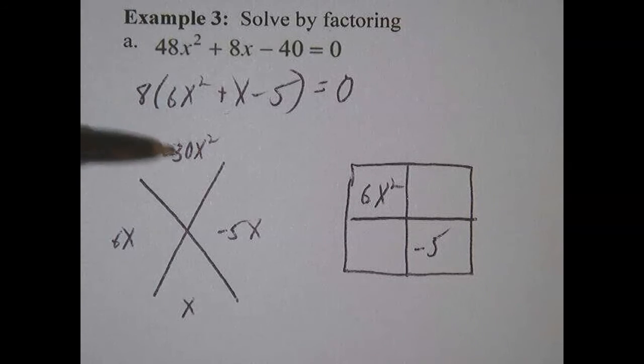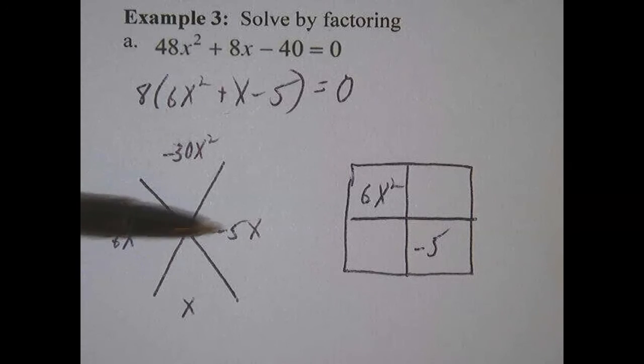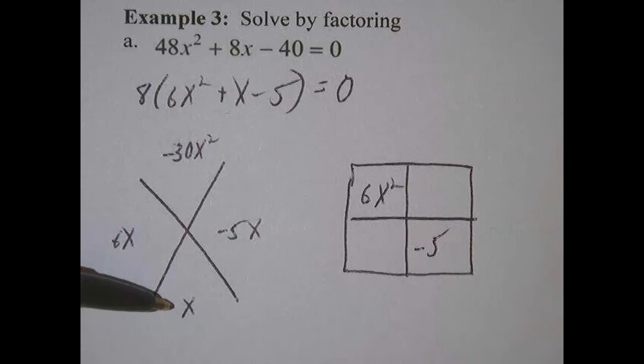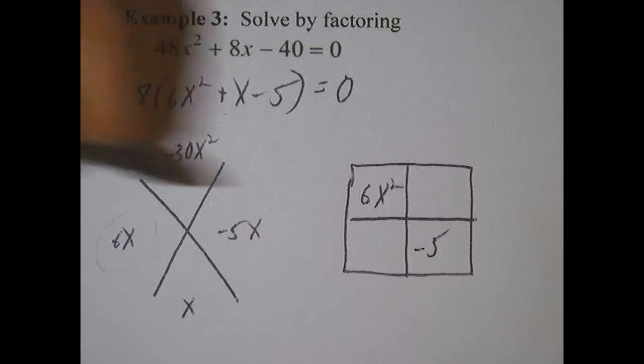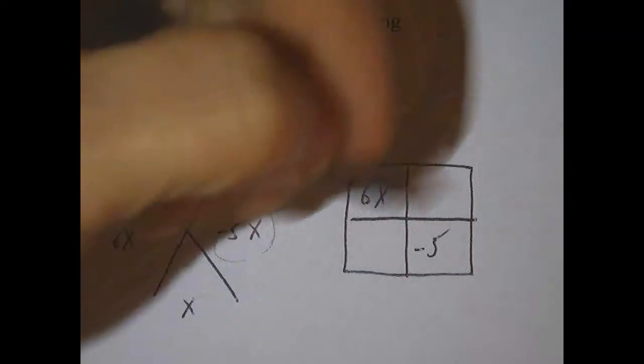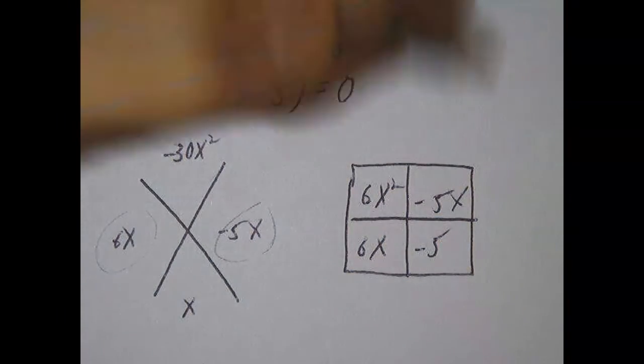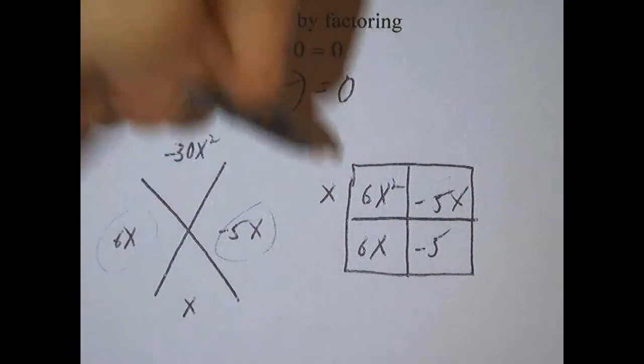Okay, so when I made the x factor here, I came up with 6 times negative 5. 6x times negative 5x has this product and this sum. So I'm going to put these values in the corners of the function. So I have 6x and negative 5x. Pull out the greatest common factor. Going this way will be an x.